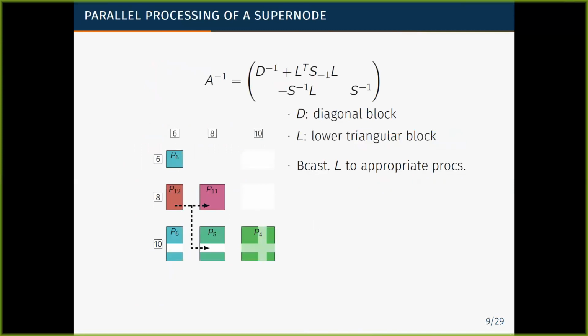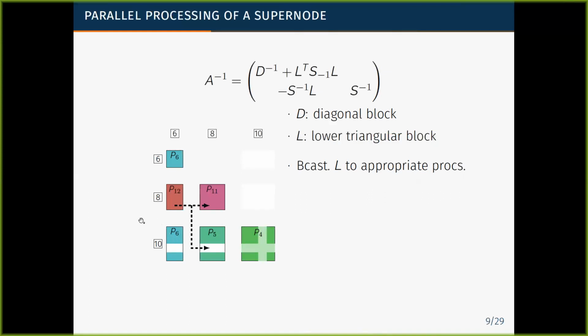So the first step is to broadcast the blocks of supernode 6 to the appropriate processor. When I say appropriate processor, you are going to broadcast along the row until you reach the diagonal, and then continue broadcasting to the processors in the column corresponding to the diagonal block.